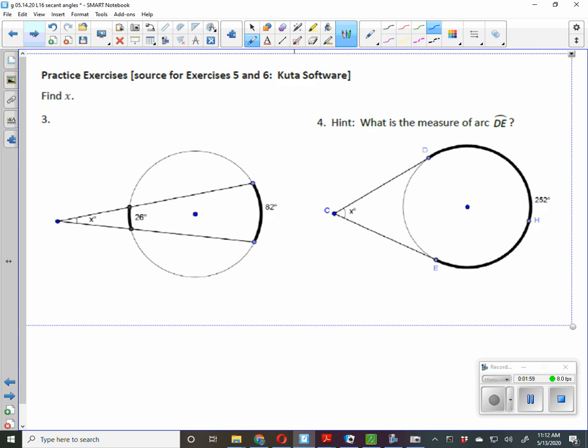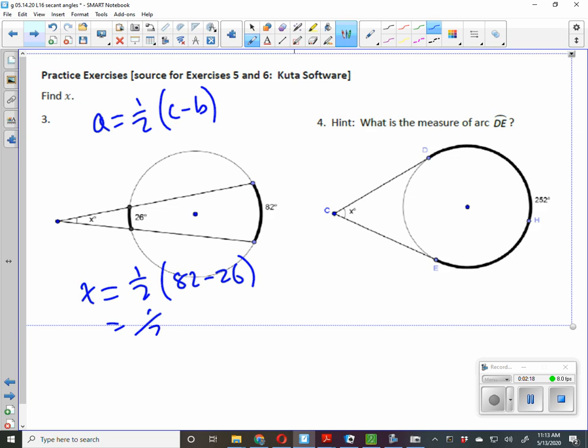If I'm trying to find x, remember the formula I gave you was A equals 1/2 of C minus B, the larger minus the smaller. So that means this is 1/2 of 82 minus 26, 1/2 of 56, or 28 degrees.